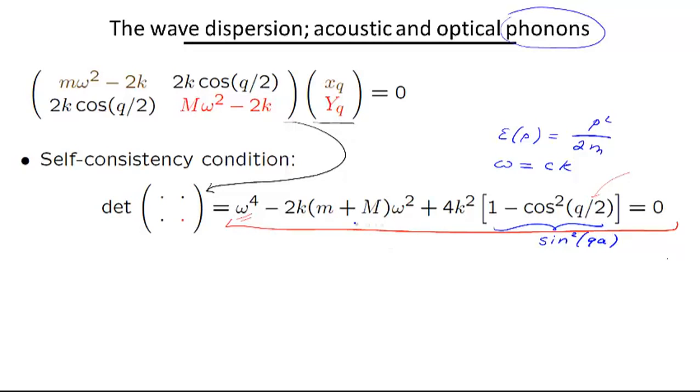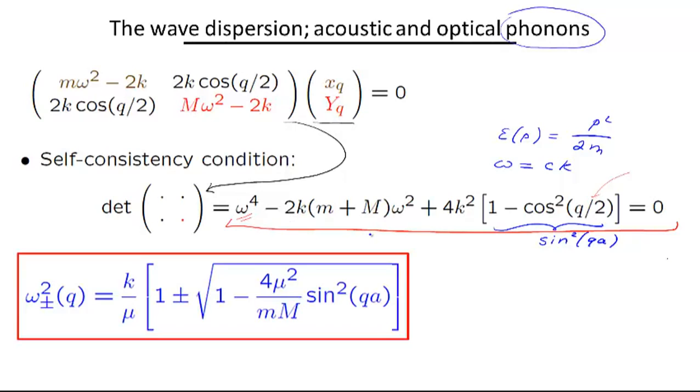And now, again, this is just a quadratic equation for omega squared. If I solve it, I will get two branches with a plus and minus sign. And I get actually a rather nonlinear and non-trivial relation between omega and q.